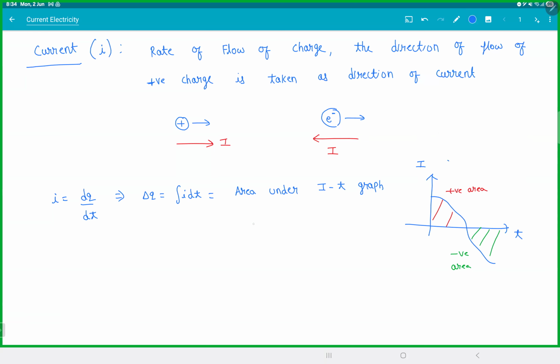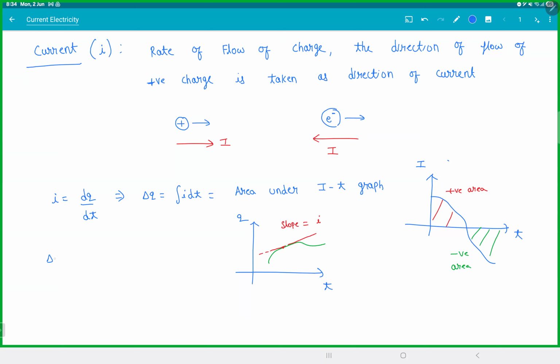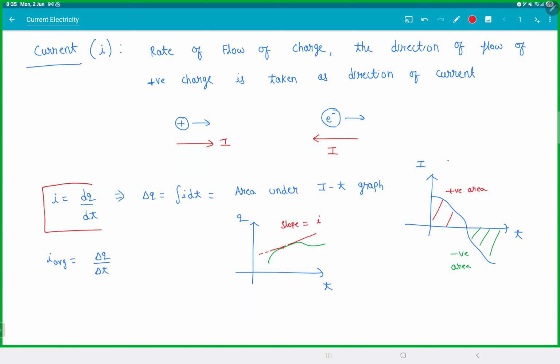Similarly, in a Q-T graph, the slope will give you the current. And the average current is given by change in charge by time. That's it, straightforward definitions. I is dq by dt, delta Q is integral I dt, and I average is change in charge by time.